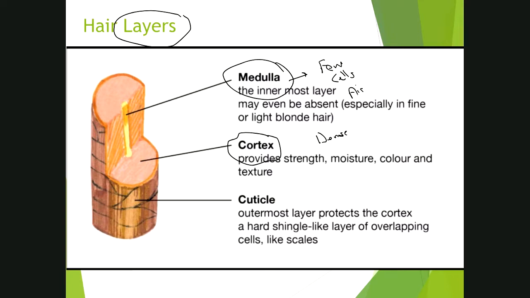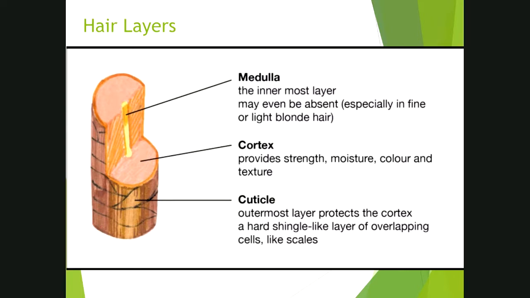And this is where the color is. And this is where the shape, the texture, and all of that is. And then there's a very thin layer on the outside. This little bitty layer right here. And this is called the cuticle. And so the cuticle, when you look at it, it's almost like shingles. It's cells that overlap each other. And so it sheds water. Looks a little bit like scales on a fish.